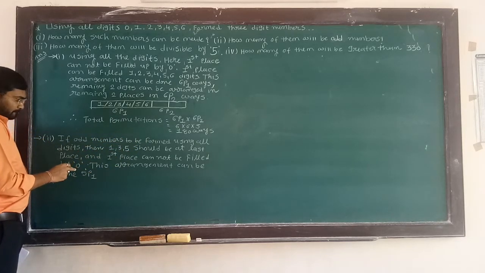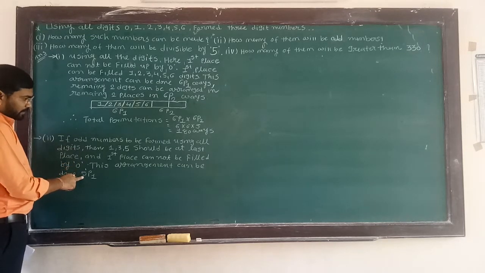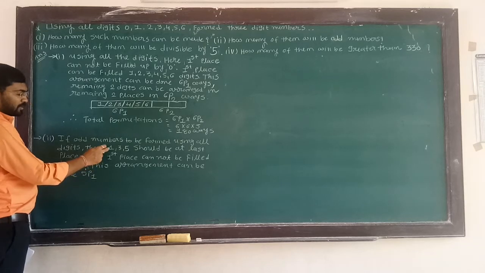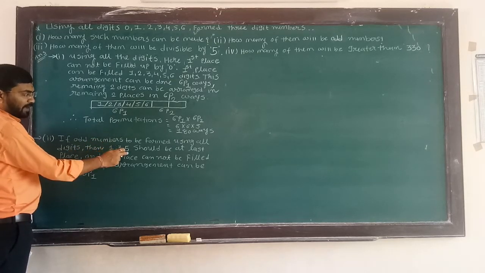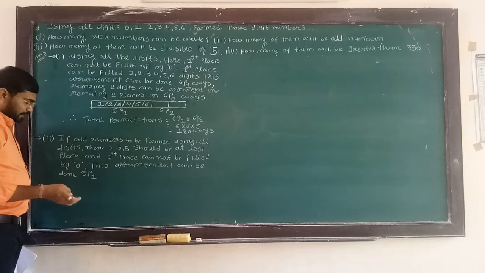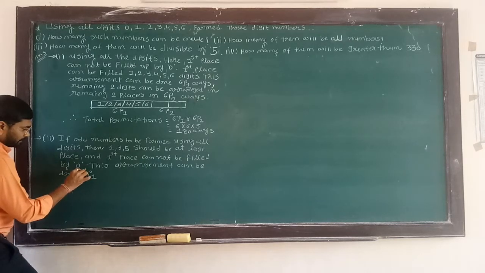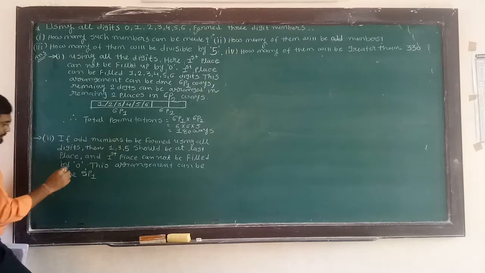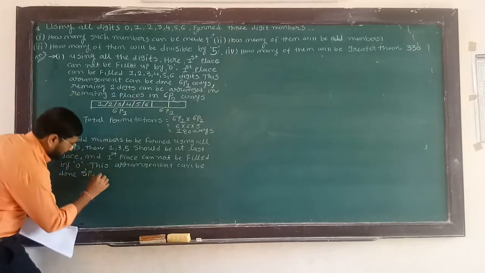The remaining 5 numbers are put in the remaining places. Suppose we use 1 at the last place, then 3 and 5 remain along with 2, 4 and 6. Total 5 numbers are used here. So we write 5P1 ways.